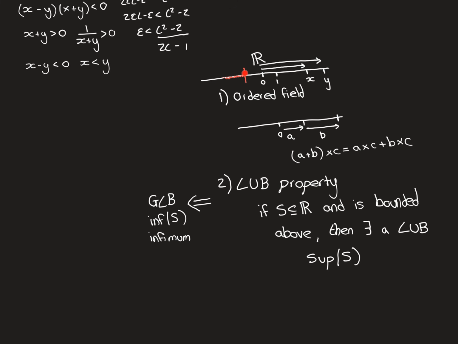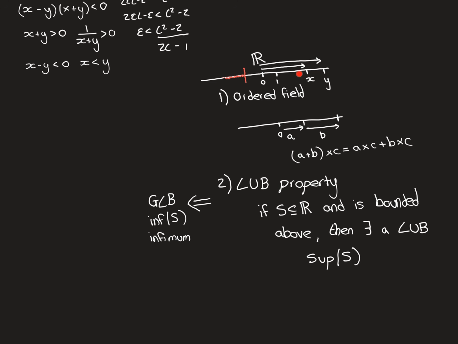There should be a boundary of that set, an edge, and that edge should not be a hole in your structure as it could be in the rational numbers. The rational numbers did not obey this property. We saw that example of a set that didn't have a least upper bound. Its edge, its boundary, its supremum, its least upper bound was a hole in the rational numbers.